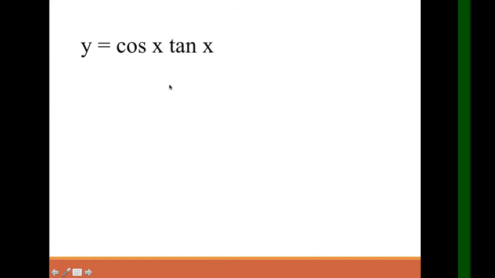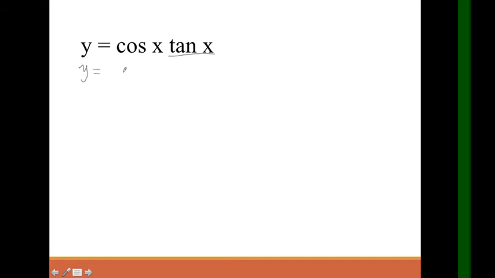Okay, now for this one, I have the simplest method for you to answer. We will use the trigonometric identity for tangent. If you still remember that, we just need to simplify first our given by getting the trigonometric identity of the tangent. So, ano ba yung trigonometric identity ng tangent?